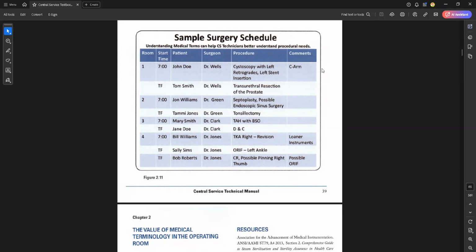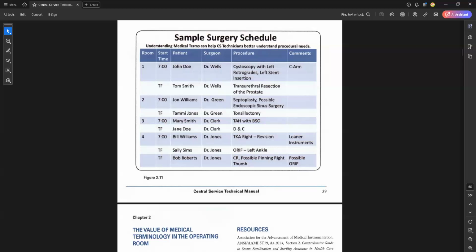Now, for example, when you see Dr. Wells has TAH, the moment you see that, you ask yourself, total abdominal hysterectomy. TAH means total abdominal hysterectomy. I'm talking about Dr. Clark.